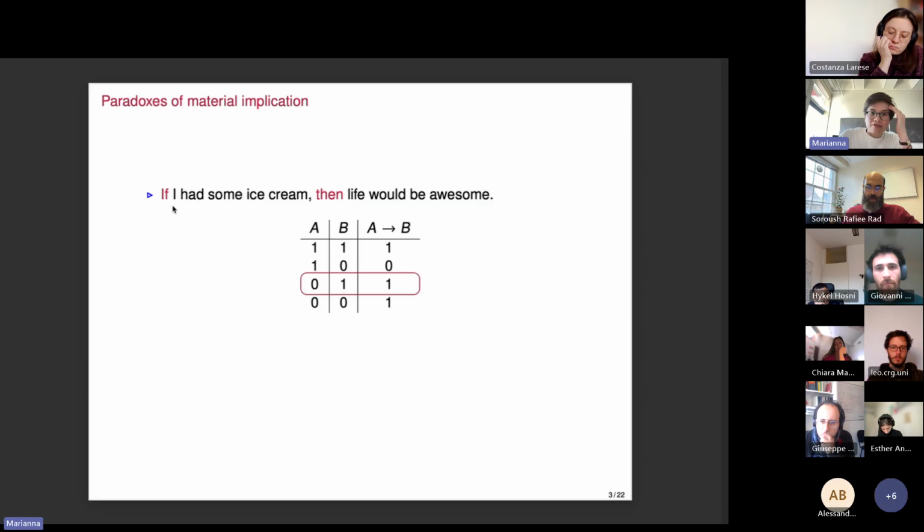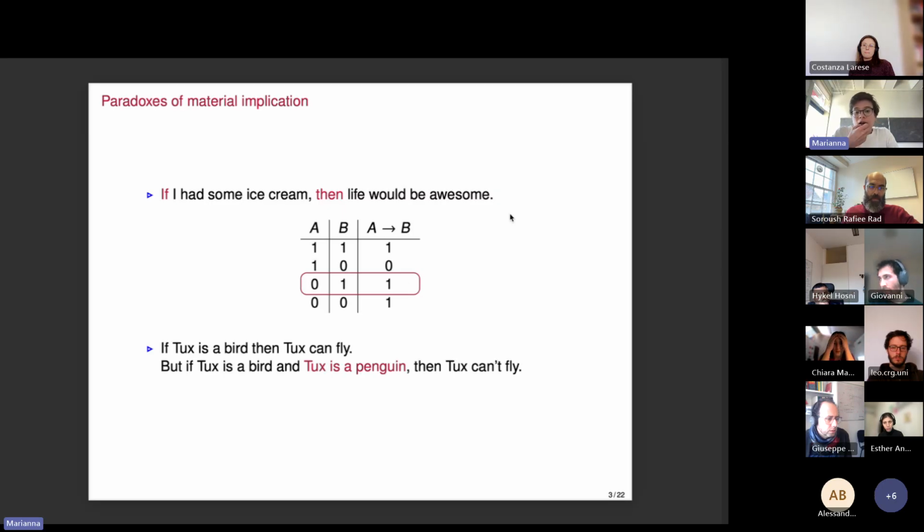And while a counterfactual like, if I had some ice cream, then life would be awesome, is probably true, it's easy to imagine counterfactuals where instead we might want to give them some truth values. So some counterfactuals are going to be true and some are not. So material implication is clearly not fine-grained enough to allow us to distinguish between various kinds of counterfactuals.